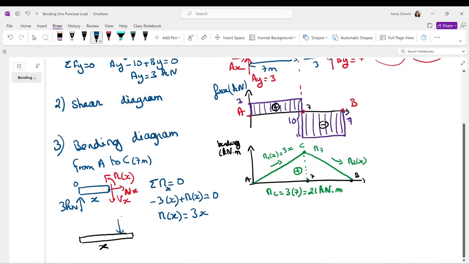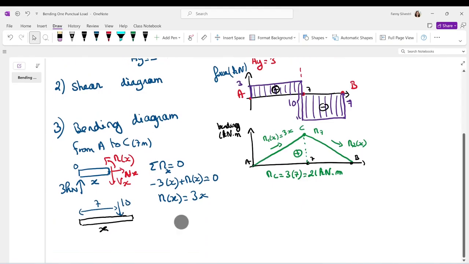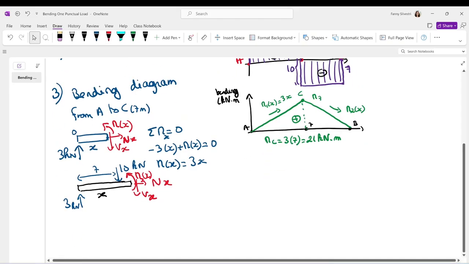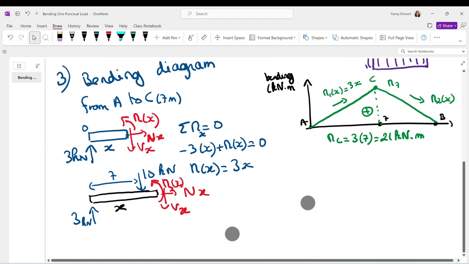We have the F equal 10, that is at 7, and we have the Ax equal 3 kilonewton. And we add our internal forces, Nx, Vx, and Mx. But this one is 2, because this is the second equation. It's a bit small, sorry. Let me put it this way.